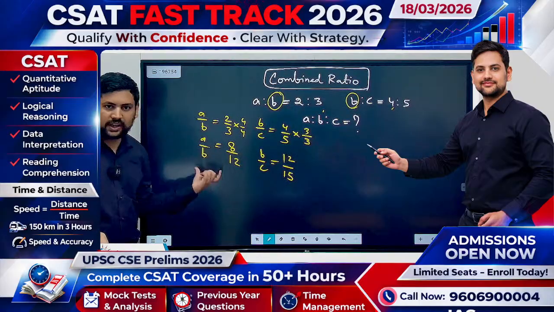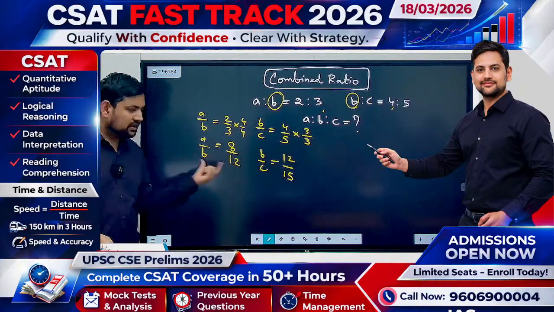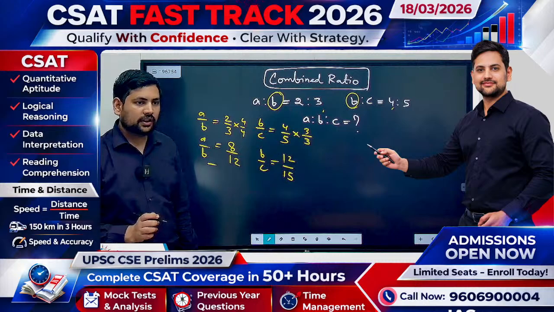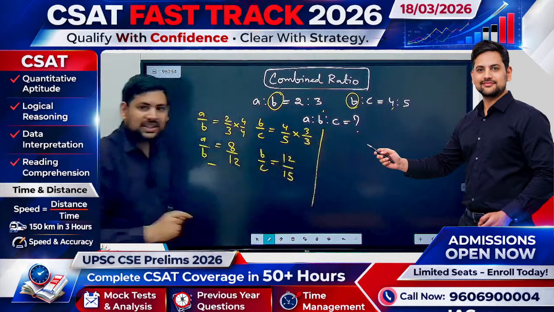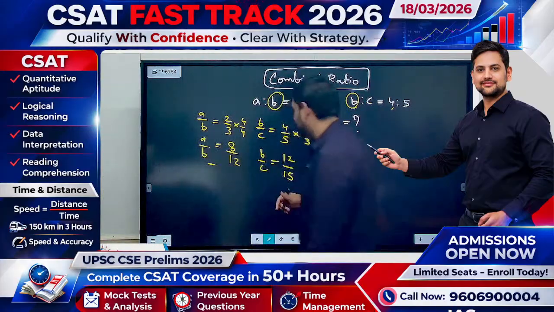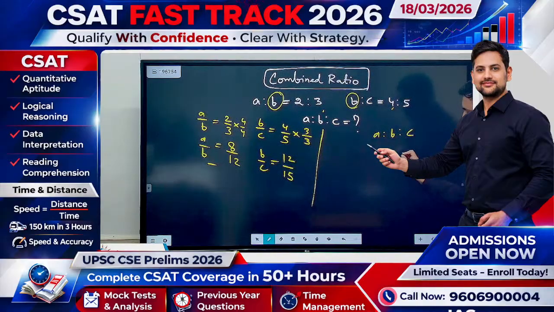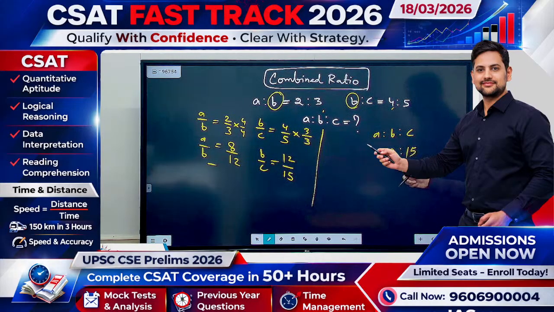What does this mean? This means that when B is 12, A is 8. This means when B is 12, C is 15. So basically now you have the value of A and C for the same B. So I can directly write it, let's write A ratio B ratio C. So when B is equal to 12, A is 8 and C is 15, so you get the combined ratio.